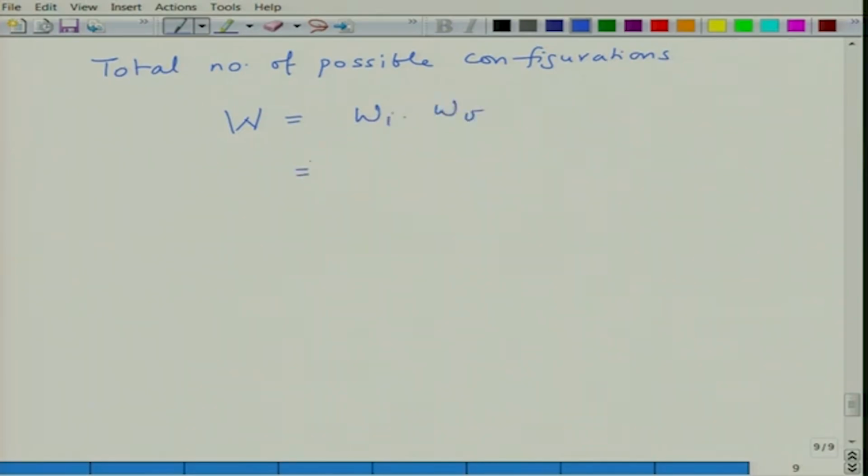So you just multiply this, and you can do the maths by yourself by applying Stirling approximation and so on and so forth.